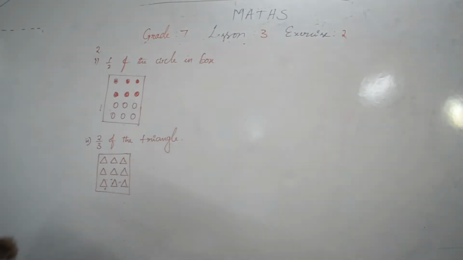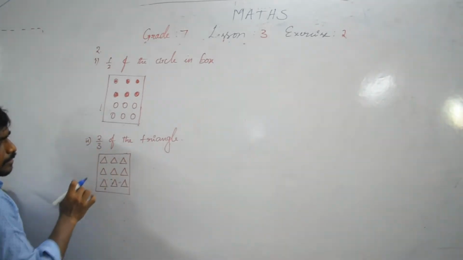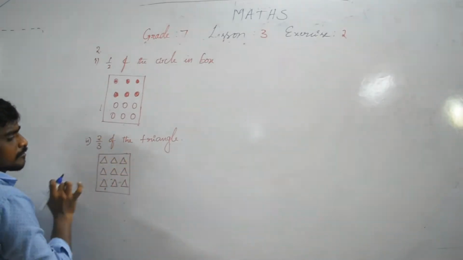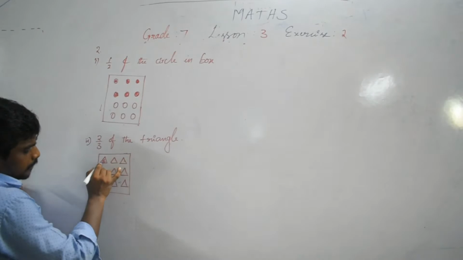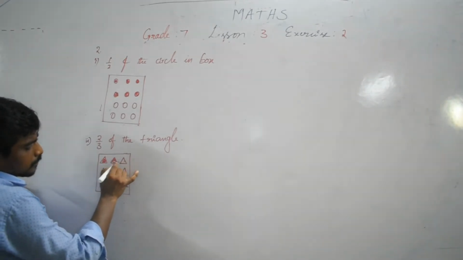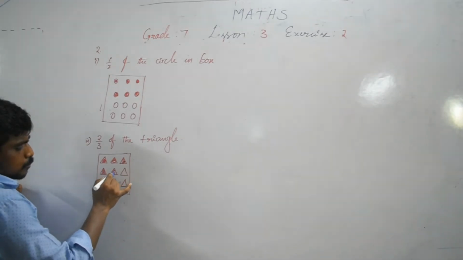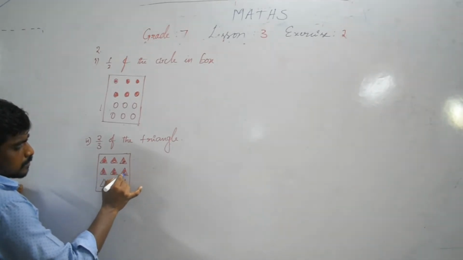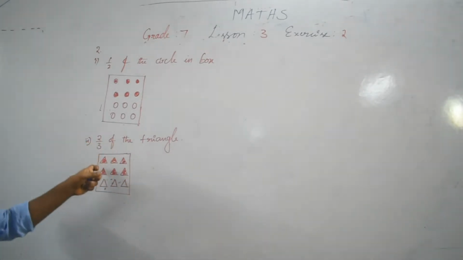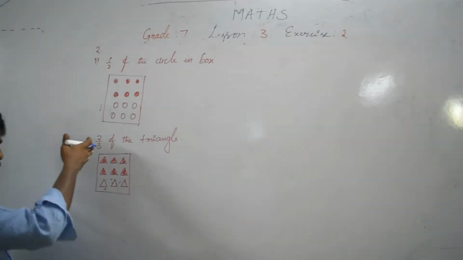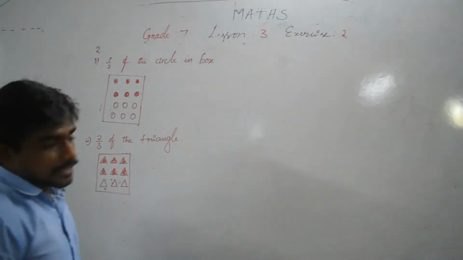So this is 2/3. The denominator is 3. The numerator is 2, so 2 rows we have shaded. This is 1 row, 2 rows shaded, so total 3 rows. 2 rows we shaded. Or like this, you can also shade. Your wish.